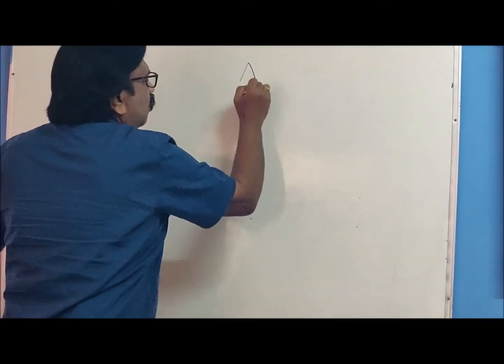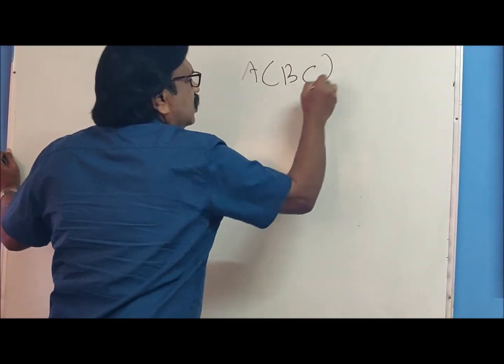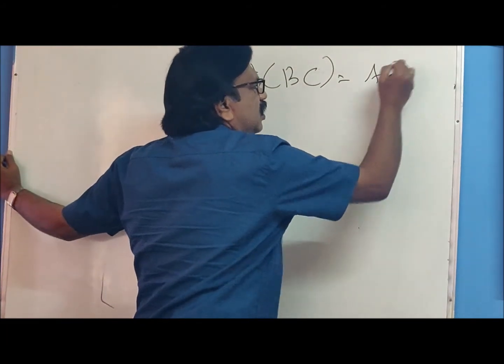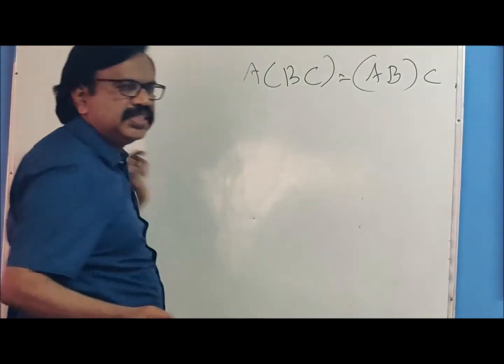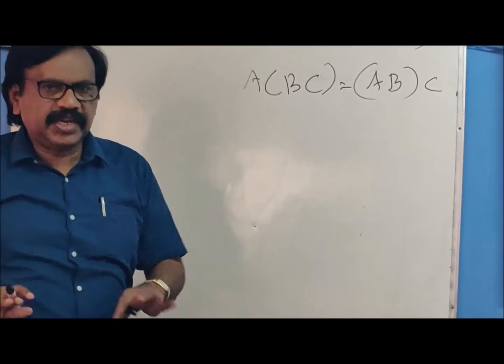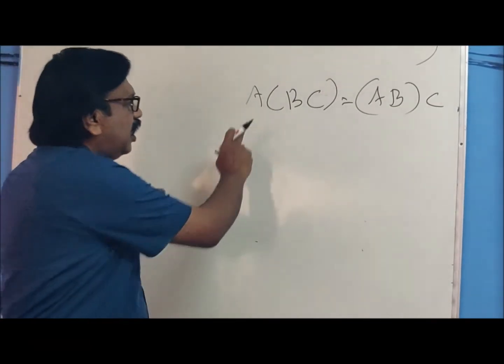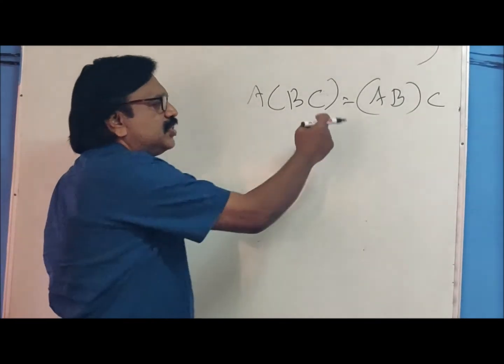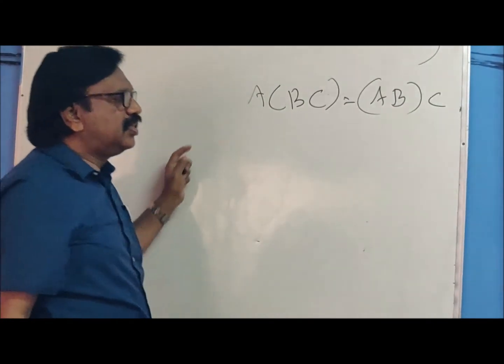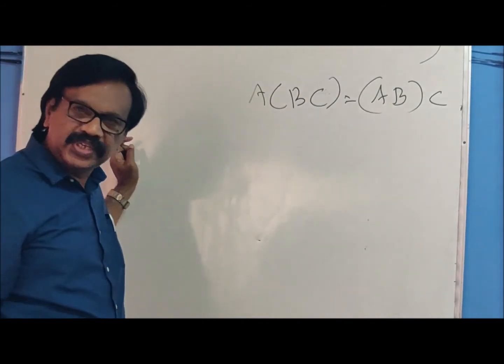Properties of multiplication: A into matrix BC is the same as matrix AB into C. Suppose A, B, C are three matrices which can be multiplied, meaning the orders are suitable. Then A into BC is the same as AB into C. That means matrix multiplication is associative.